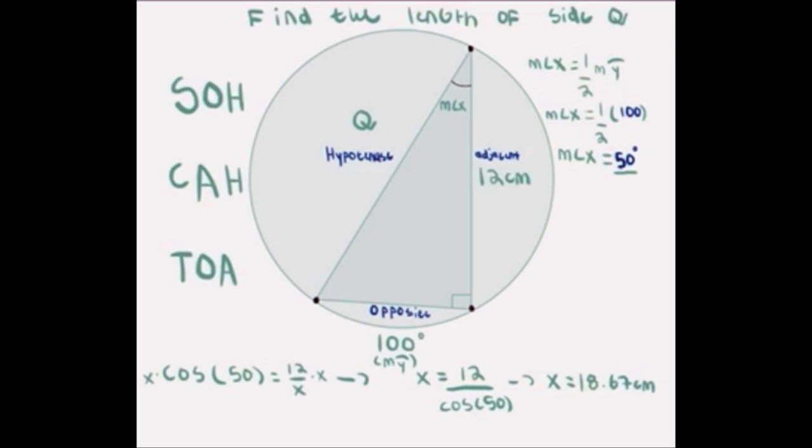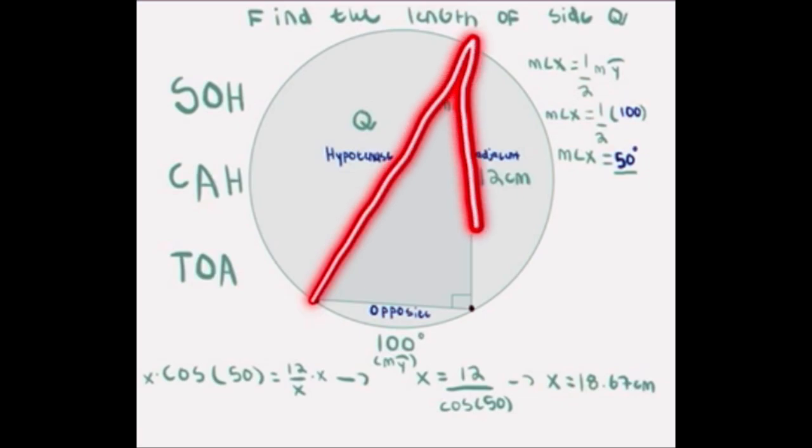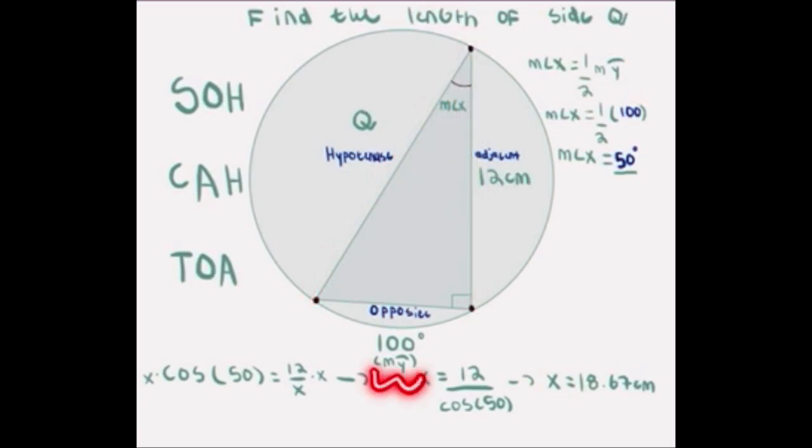Because we are asked to find the length of side Q, I can see that I have the adjacent side and need to find the hypotenuse, so I can use the cosine function. However, I still need to find my angle. I can see that angle x is an inscribed angle, and we are given the measure of arc y.